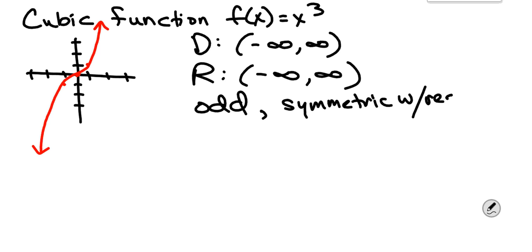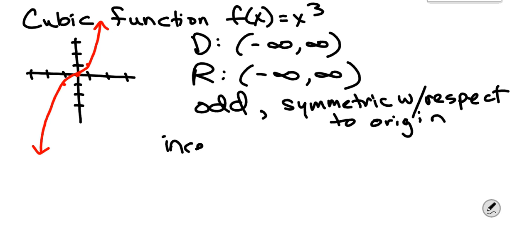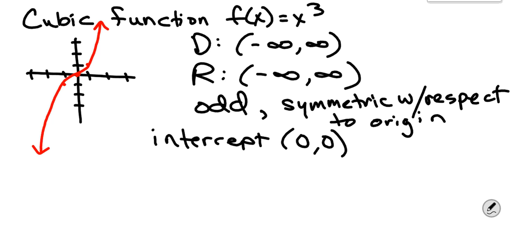The x and y intercept are at that point 0, 0, so it has one intercept, which is at 0, 0.